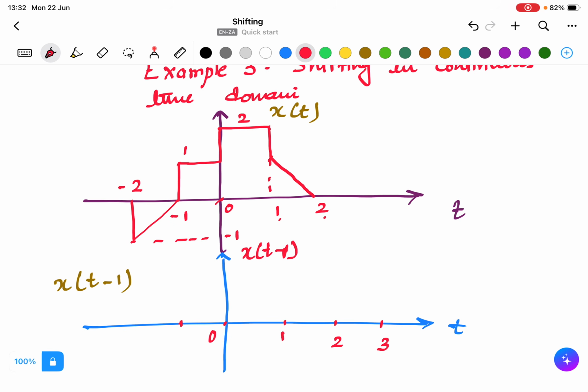minus 2 is shifted to minus 1, and there is nothing at minus 2, because everything is shifted to the right hand side.